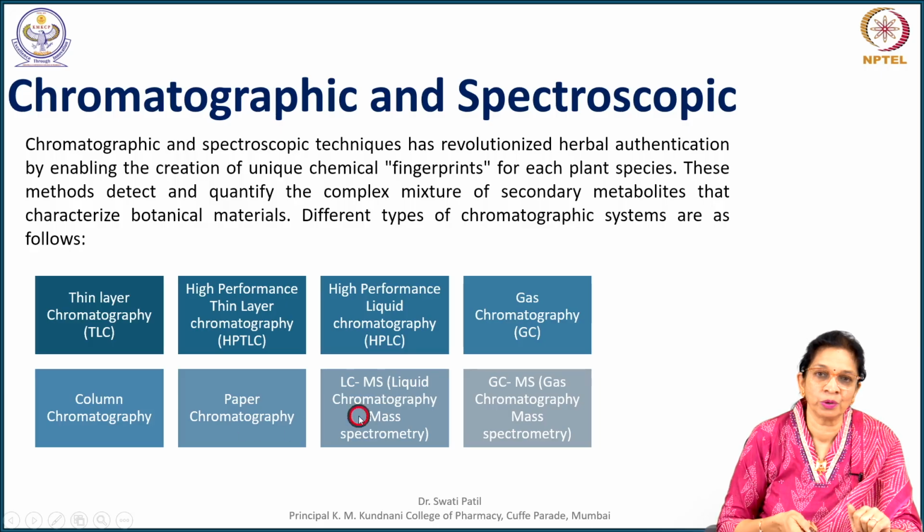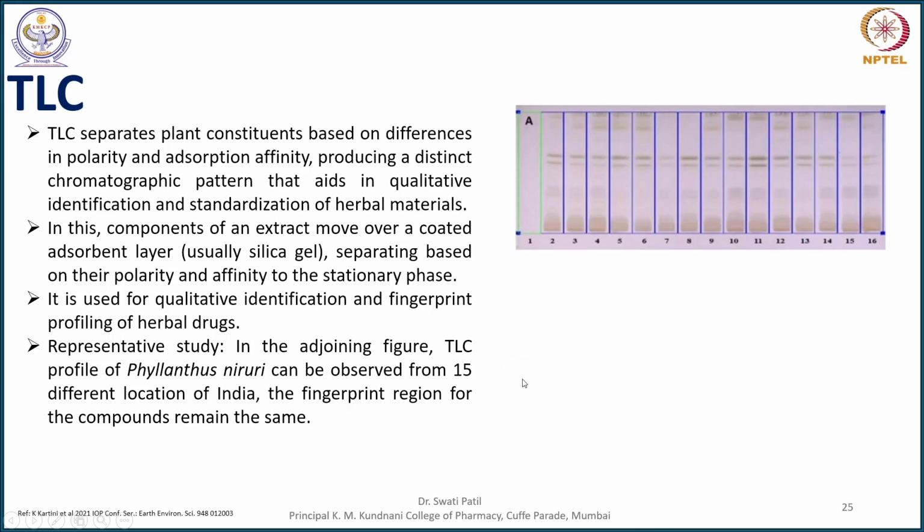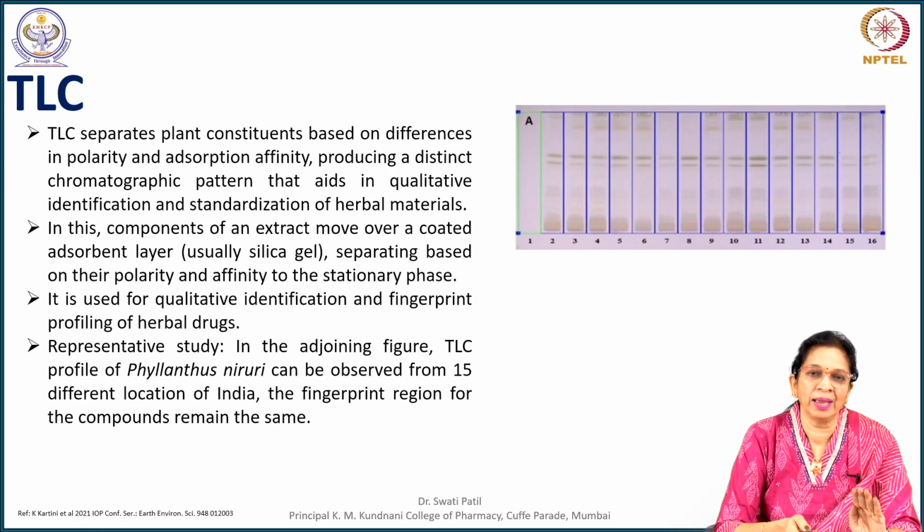If we want to identify some liquid volatile constituents, we can use gas chromatography. TLC is the simplest method to identify whether an active constituent is present in a herb or not.